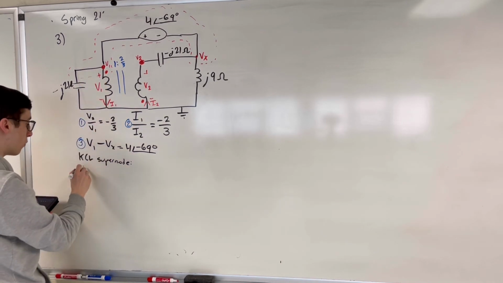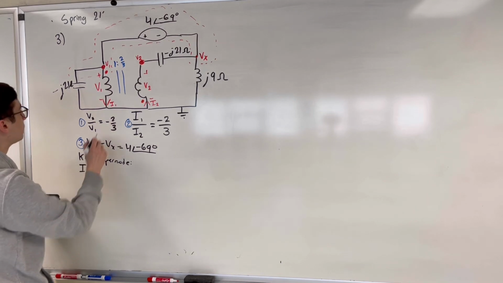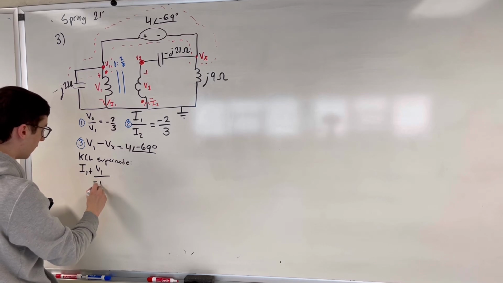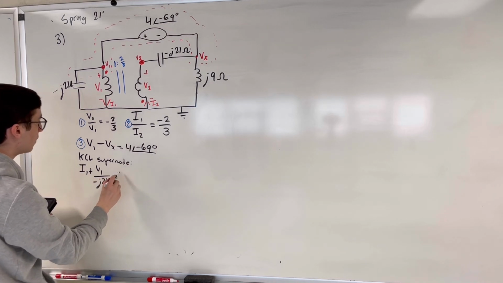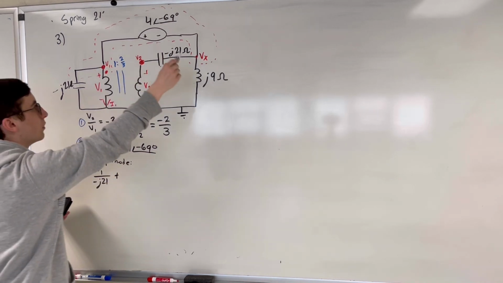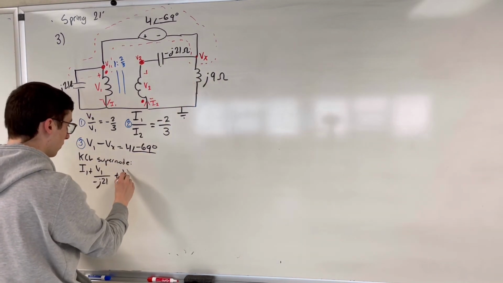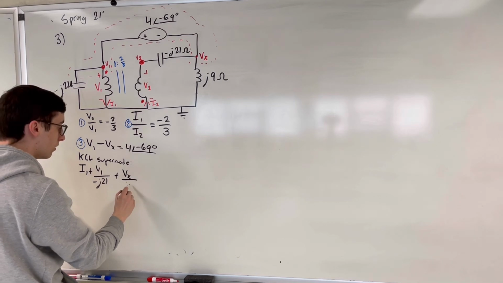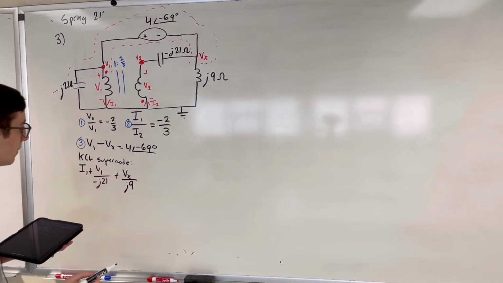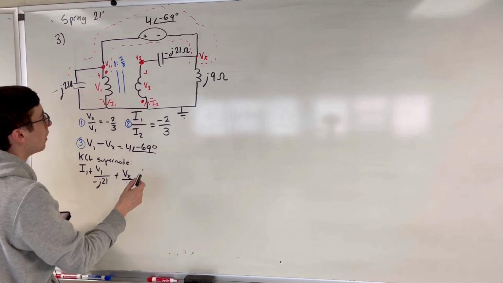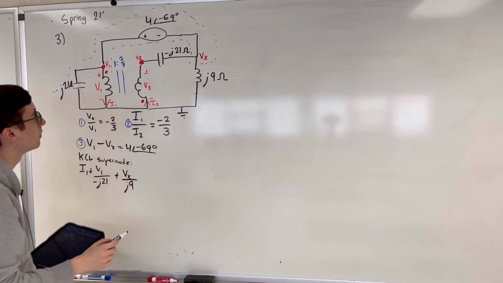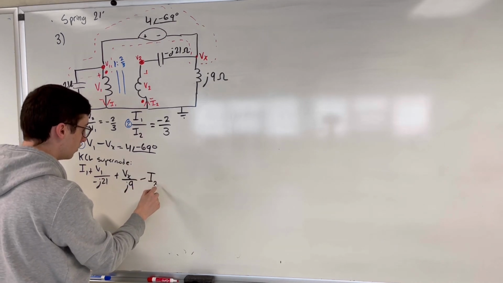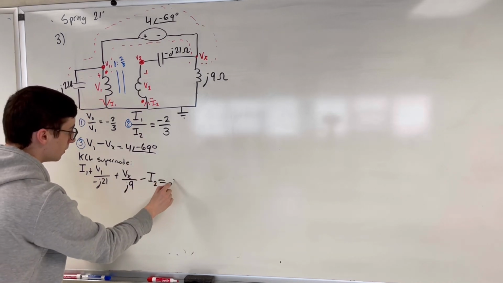So we're going to have I1 plus V1 over negative j21 plus, we come over here, Vx over j9, and then minus I2, and that is going to be equal to 0.